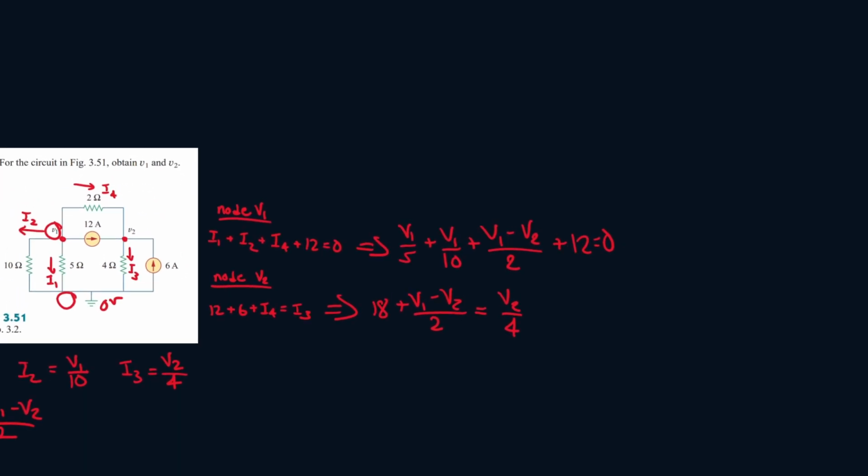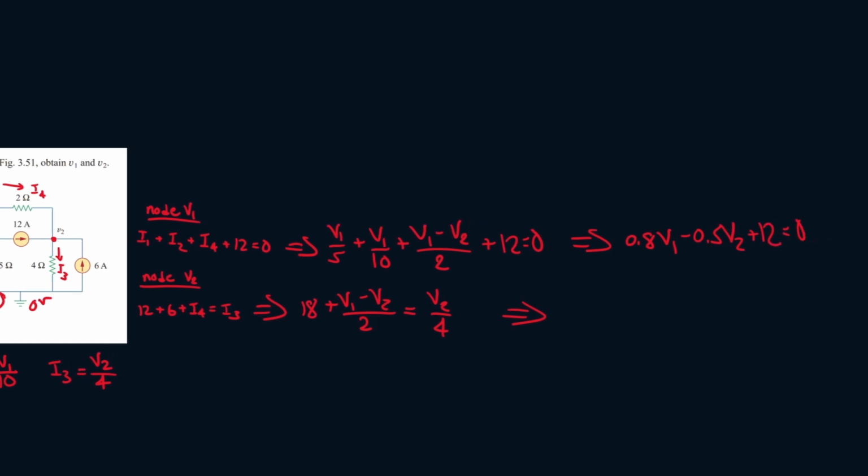Now we can simplify these even more. For this one, let's add up all the V1. So V1 over 5 plus V1 over 10 plus V1 over 2. If you add them up, you should get 0.8 V1. And then minus V2 over 2, that's just minus 0.5 V2, plus 12 equals 0.